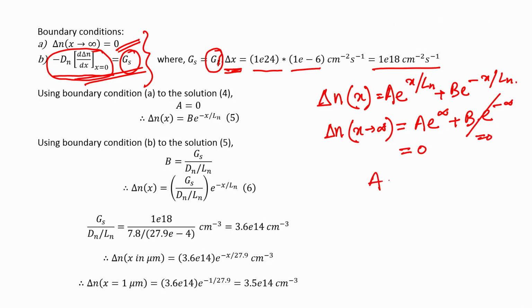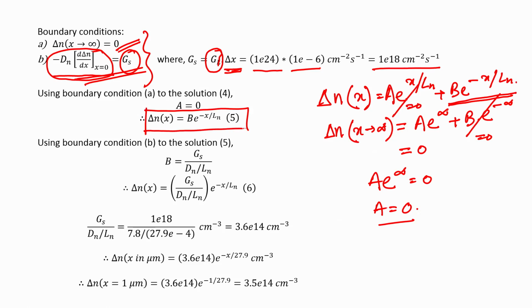So, A e to the power infinity is equal to 0, so your A must be equal to 0. Only the second term will exist, the first term will go down to 0 from the general solution. So, now the general solution under the first boundary condition is reduced to B e to the power minus x by Ln. Now, you will use the second boundary condition.